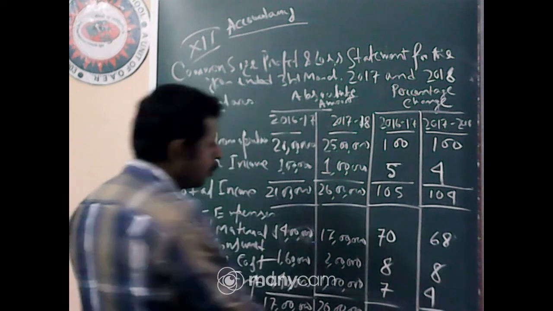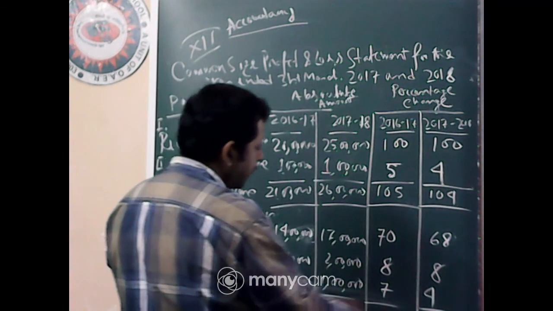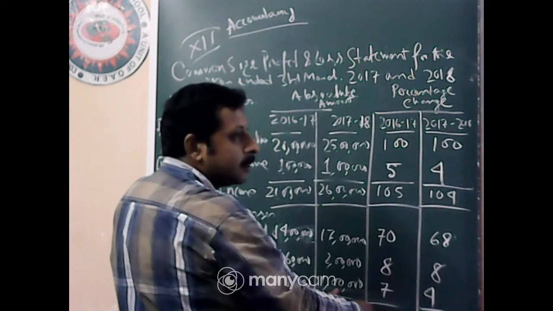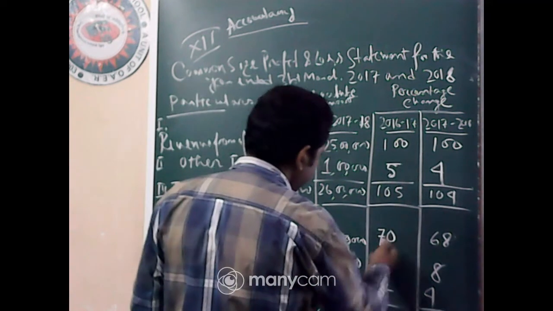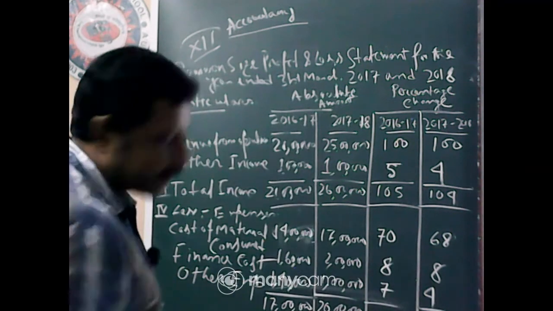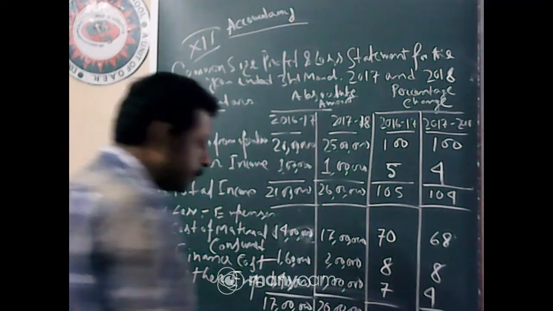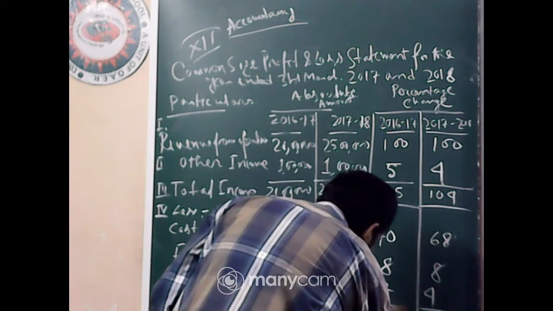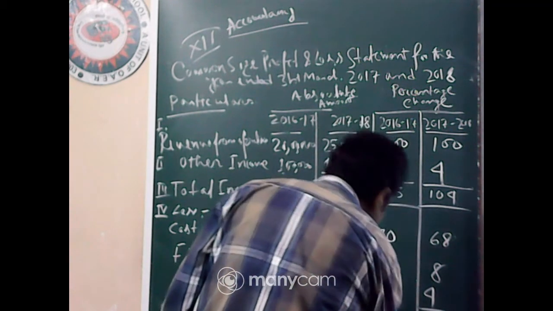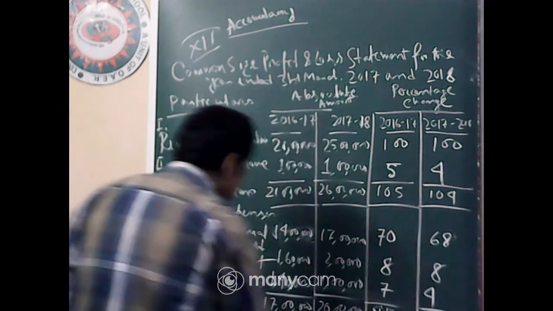There is no horizontal analysis. Don't make any difference or any percentage to horizontal. All will be done vertical wise. Okay, so what is it? 70 plus 7, 77 plus 8, what will be 85, and that will be the 80. So that is the total expenses.